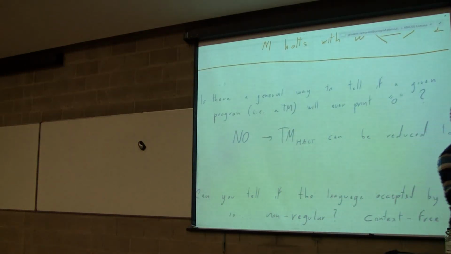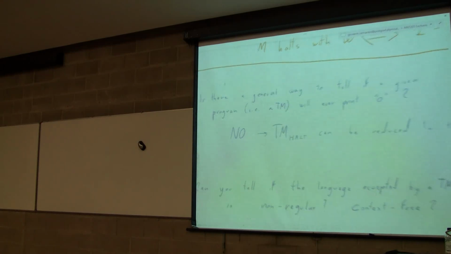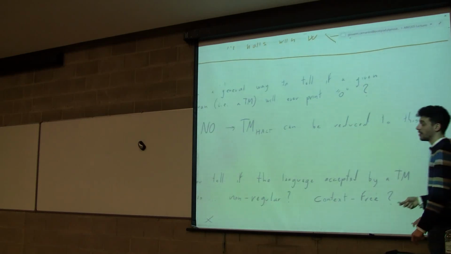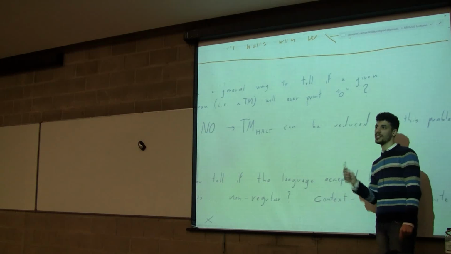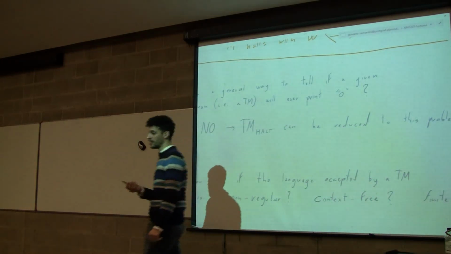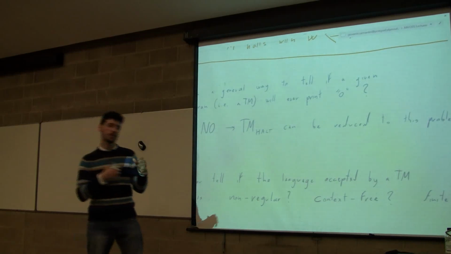There's no way you can build an algorithm taking my code and telling me it will print 0 at some point. Because if you could do that, you could solve the halting problem. This is the beauty of reducibility, the fact that you can reduce some problems to some others.